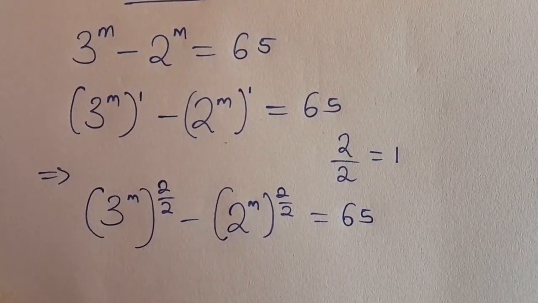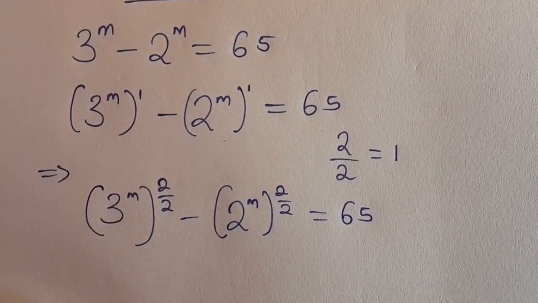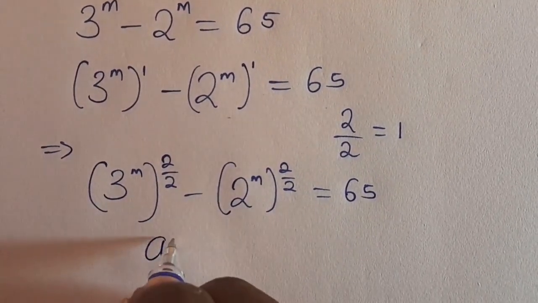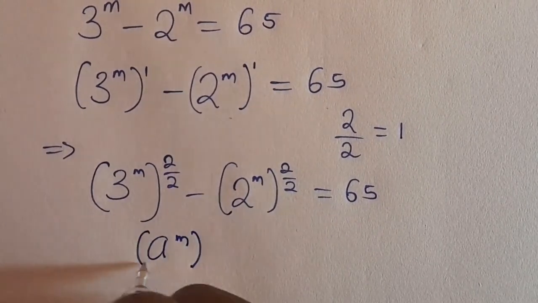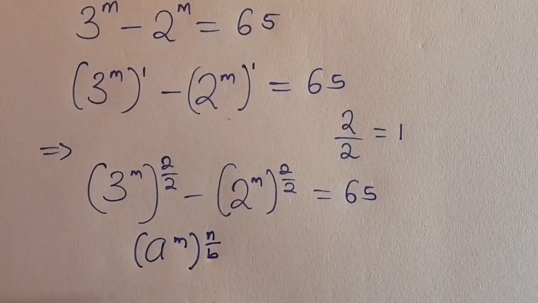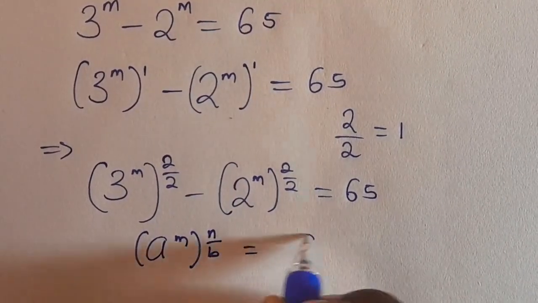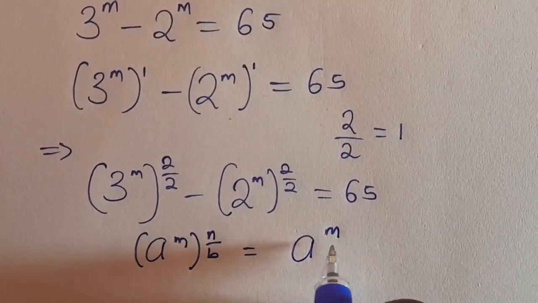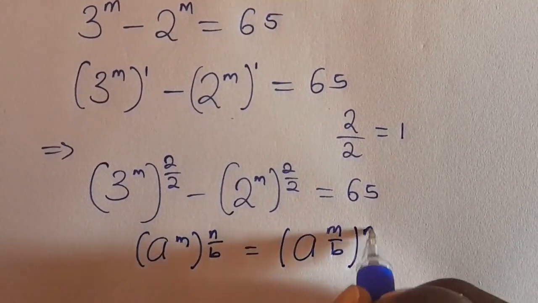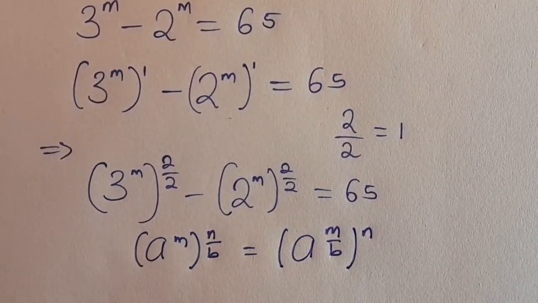And again, according to the law of indices, when you have a to the power of m, then all to the power of n divided by b, this equals a to the power of m divided by b, then all to the power of n.